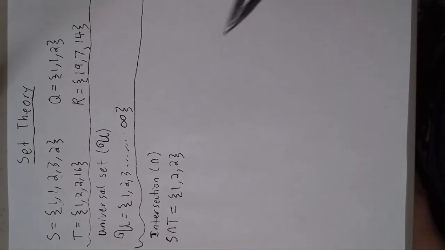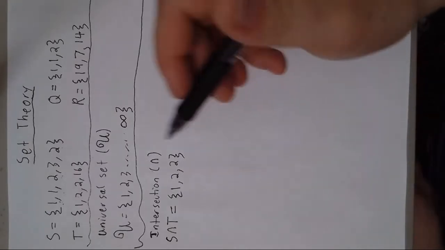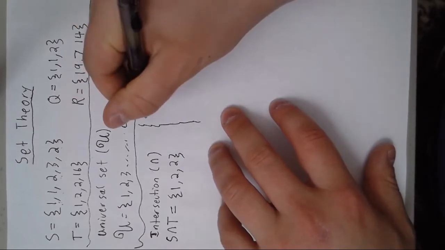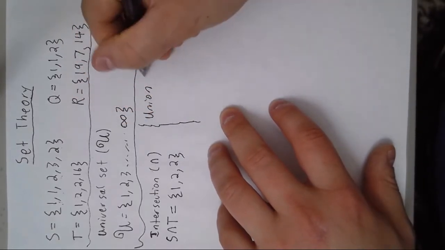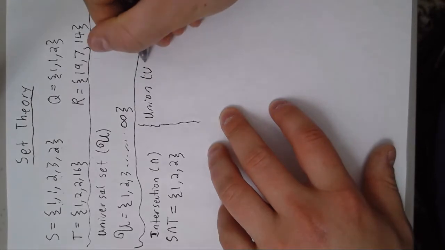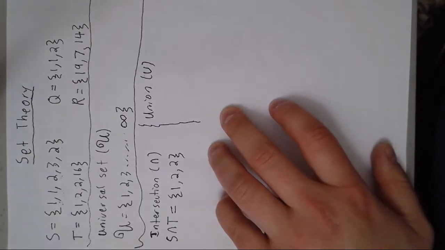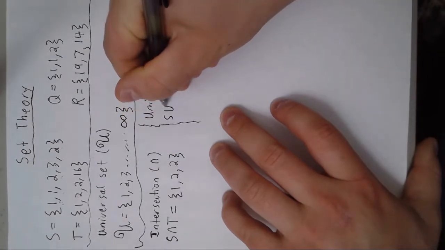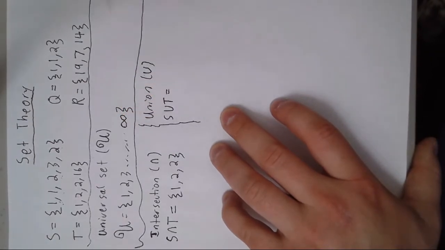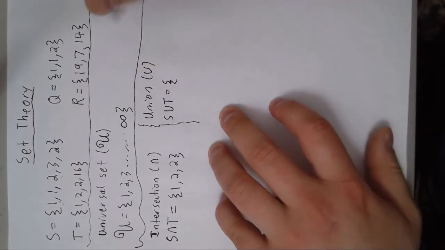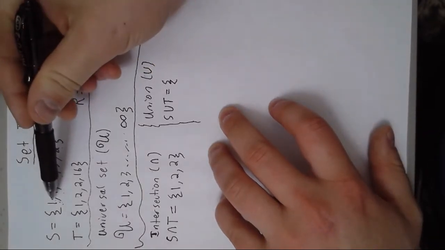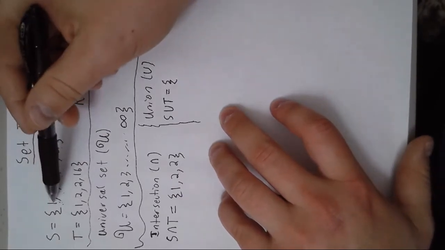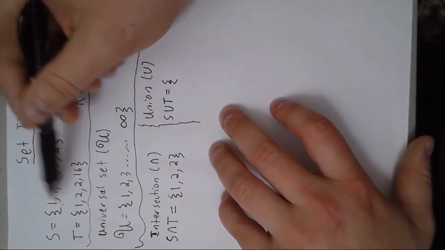Okay, and then there's also union. And that's just a normal looking U, and that's just all the elements in the sets. So S union T would be equal to, we wouldn't repeat the same elements. For example, this first one, we wouldn't repeat because we have both of them in there.